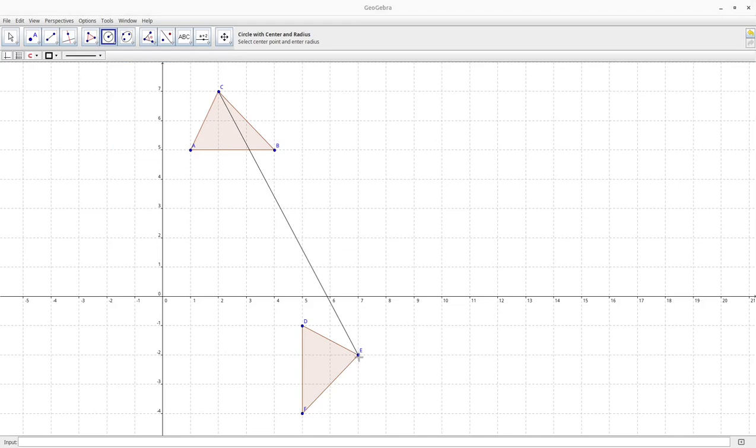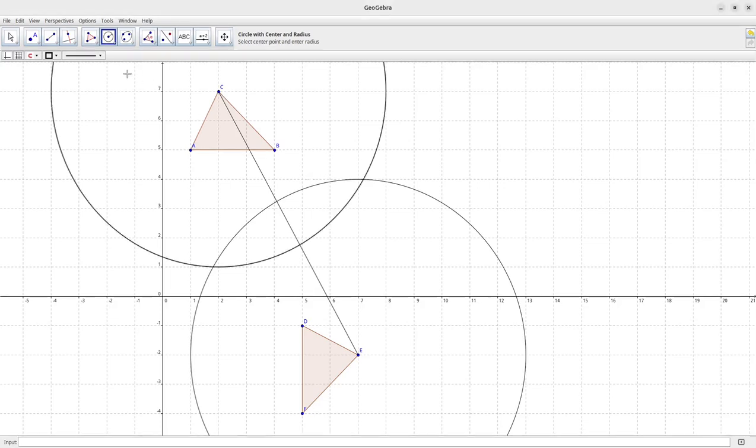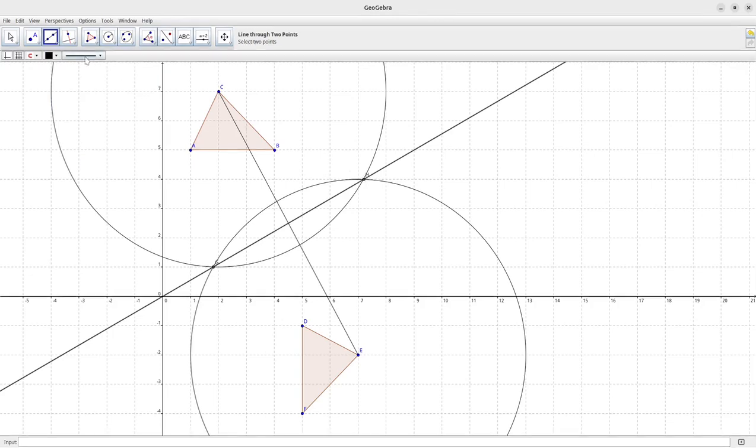Make sure the radius is more than half of the distance between the two points. The first circle, I'm going to use radius 6, and then draw another circle of radius 6 there. Where these two circles meet, I'm drawing a line there. That's the perpendicular bisector. Let me color it red.